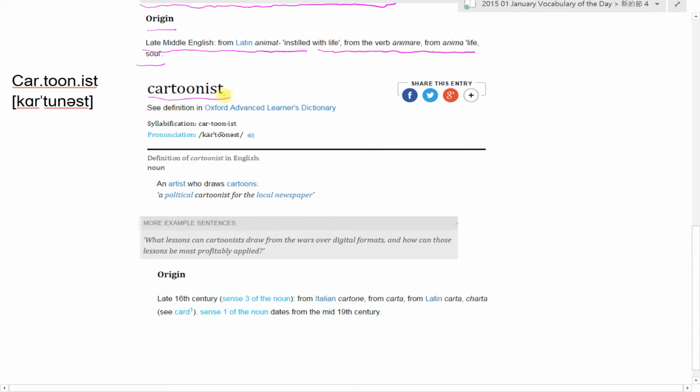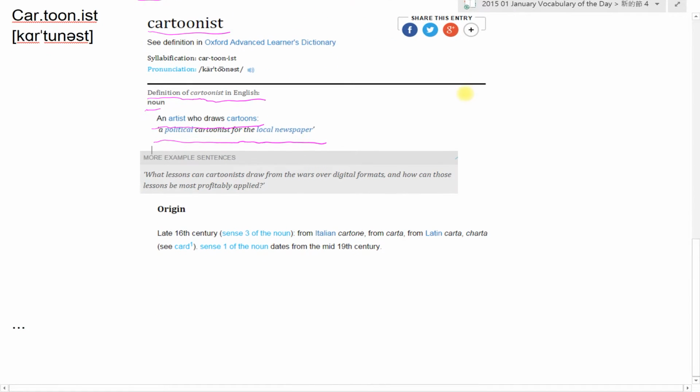Cartoonist. Definition of cartoonist in English. Noun. An artist who draws cartoons. And political cartoonist for the local newspaper. More example sentences. What lessons can cartoonists draw from the walls of digital formats?